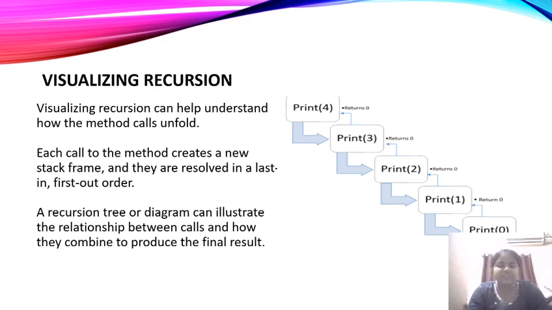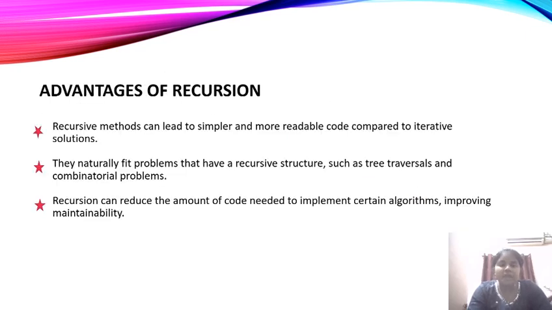A recursion tree or diagram can illustrate the relationship between calls and how they combine to provide the final result. Advantages of recursion: the method can lead to simplified and more reliable code compared to iterative solutions.